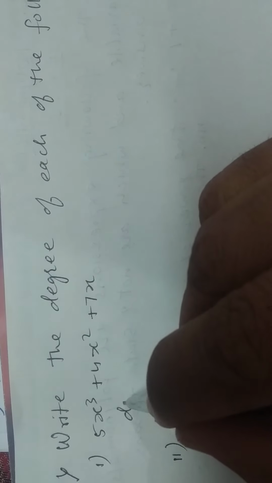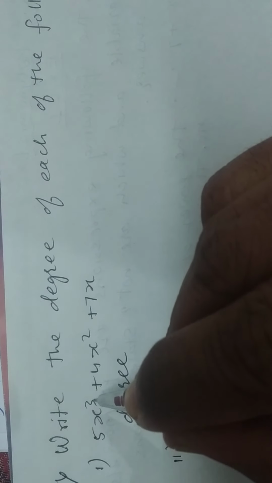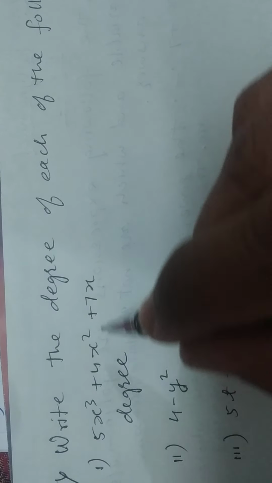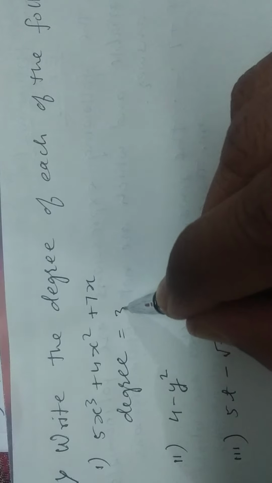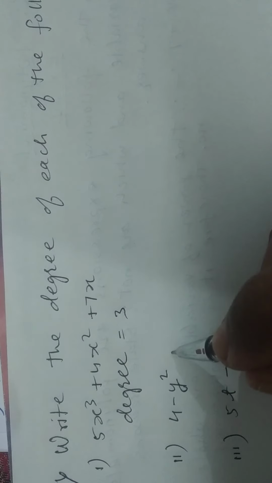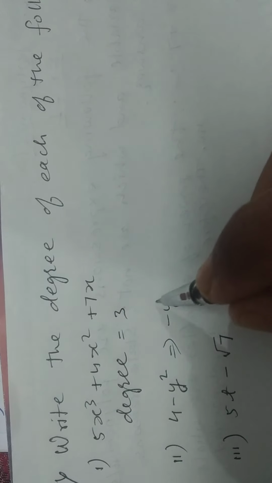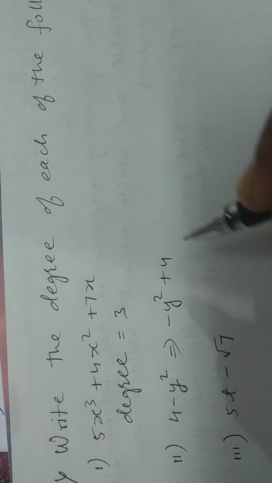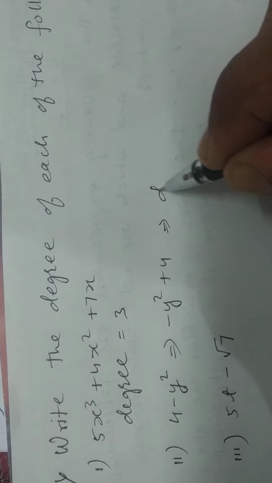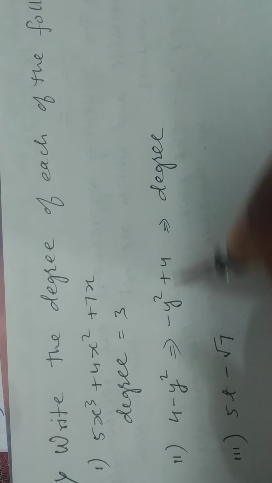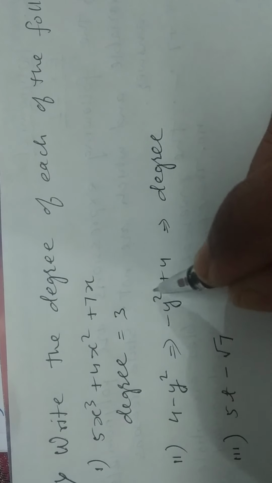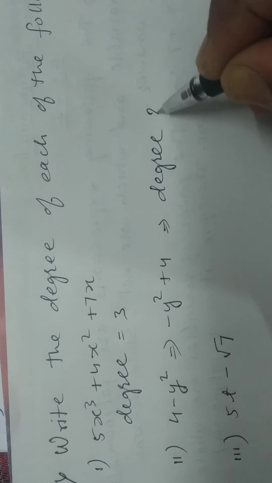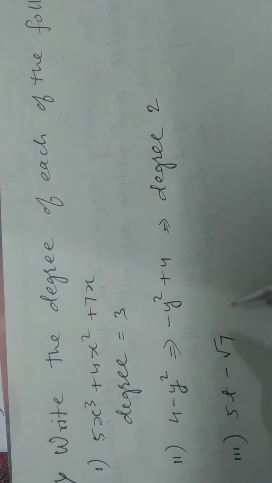The degree, the greatest power, the biggest power of the polynomial is called the degree. Here the degree of this is 3. Let's arrange it. Minus y square plus 4, bigger power before lesser power. Its degree is the greatest power of the variable, which is 2. The degree of this polynomial is 2.